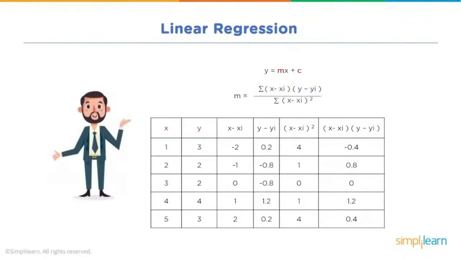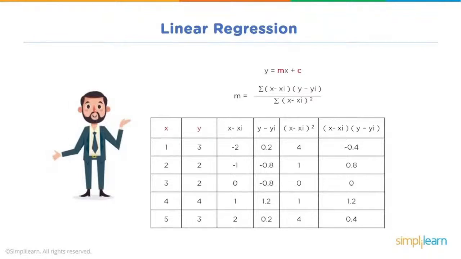We can easily do that by creating some columns where we have x and y. Computers are really good at iterating through data, so we can easily compute this and fill in a table. In our table, you can see that if we have an x value of 1, and the mean of x is 3, then 1 minus 3 equals negative 2, and 2 minus 3 equals negative 1, and so on.